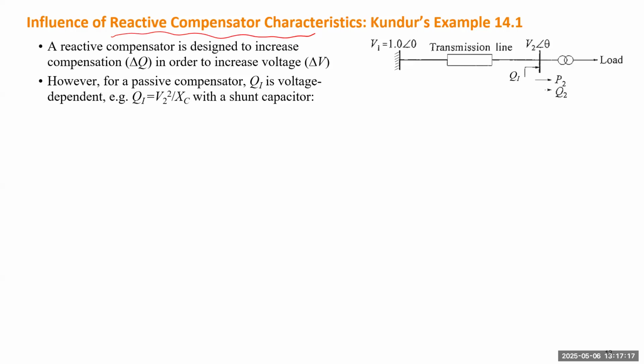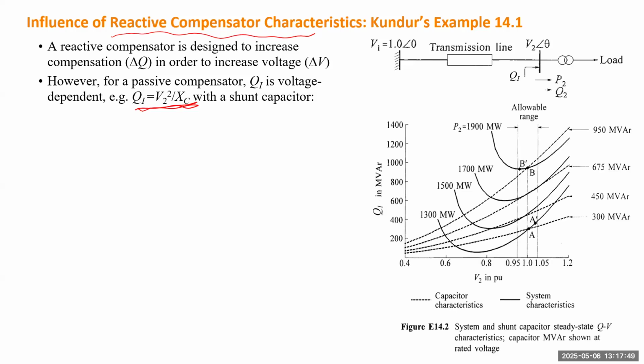If this is a passive capacitor bank made only of reactors or capacitors, then this Q will be calculated by this formula. So it's not a constant Q independent of voltage magnitude. It will be a quadratic function of voltage, because this XC is something we can adjust, but once you fix XC, the Q will change as a quadratic function of voltage. So it's not an ideal reactive source.